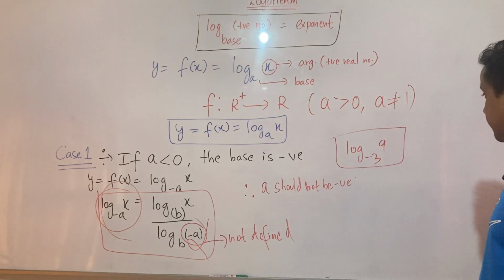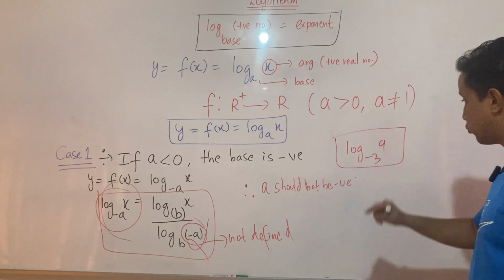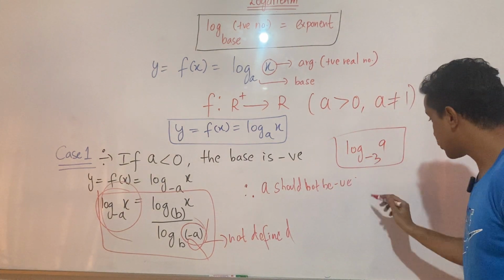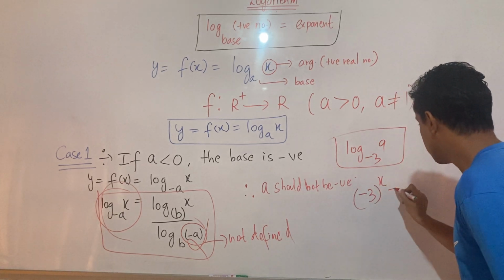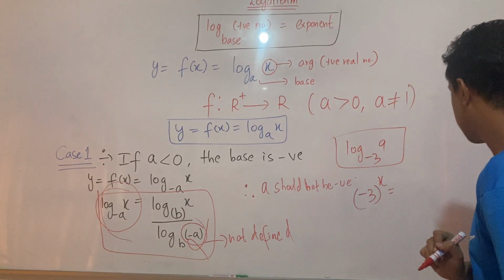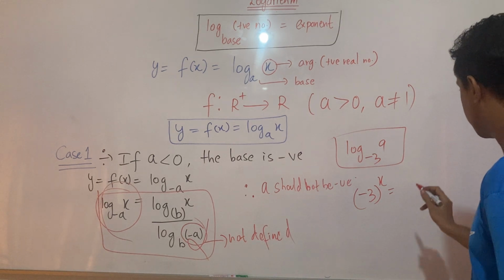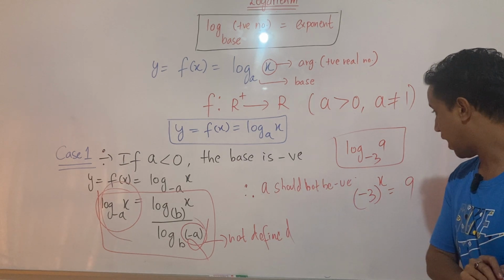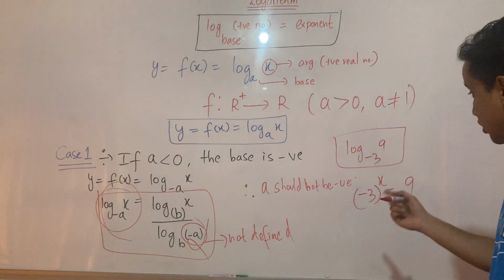Now see here, what does it mean? It means the answer would be the power to which this 3 must be raised to get 9 as your answer. Here it's fine because you can put 2 here, so things would be okay.